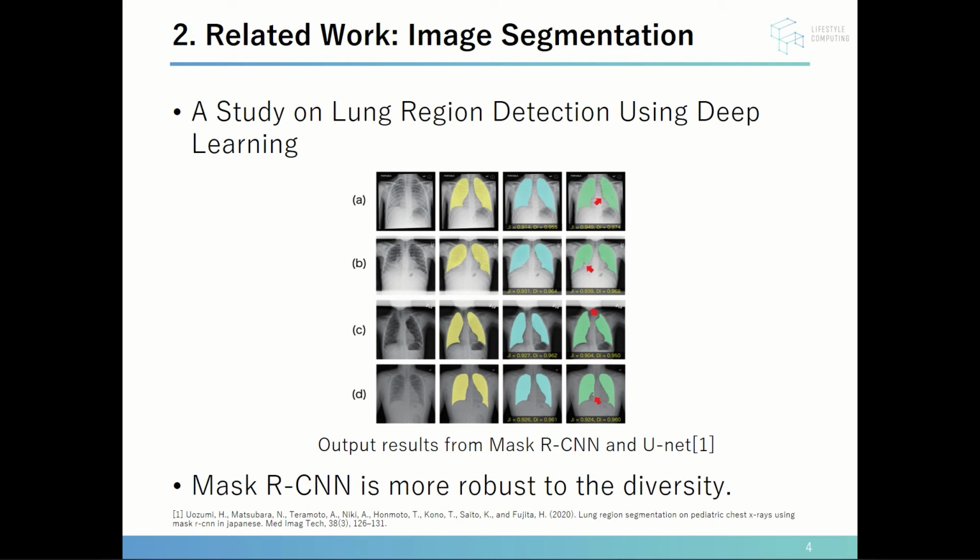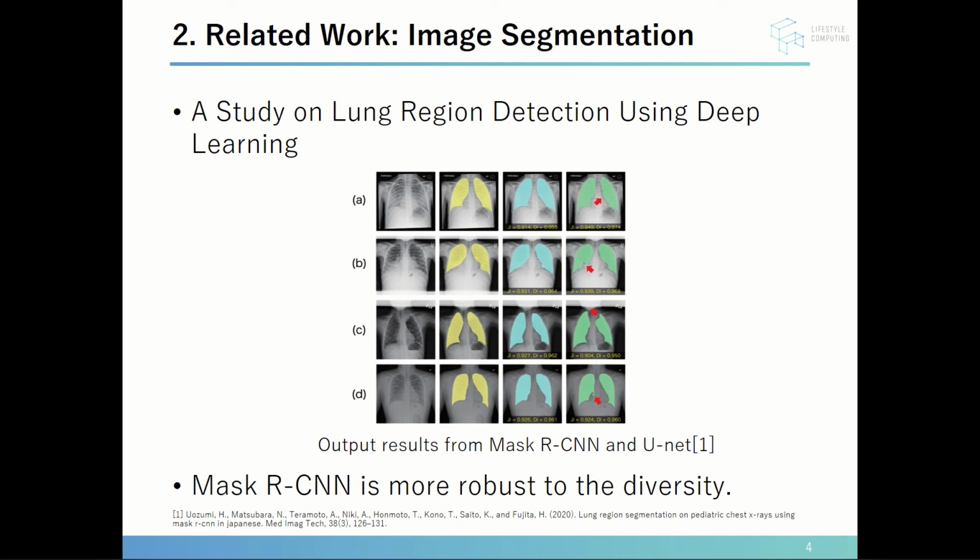Mask RCNN has the advantage of being able to process each cervical spine section separately, since, unlike other networks specialized for segmentation, it performs instance segmentation.